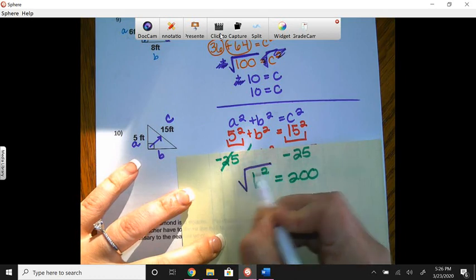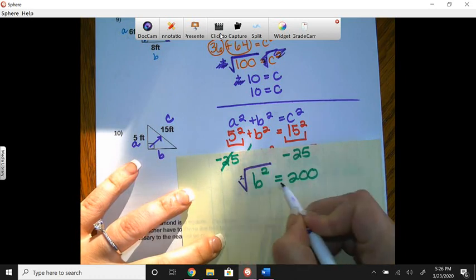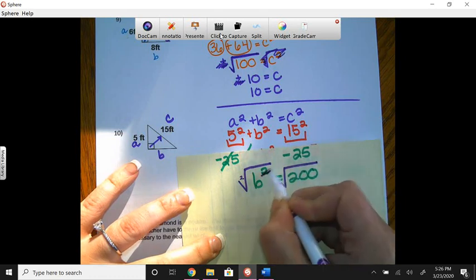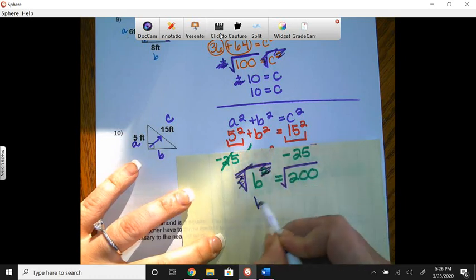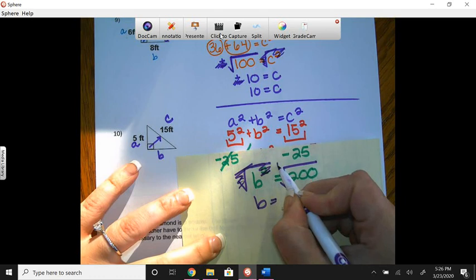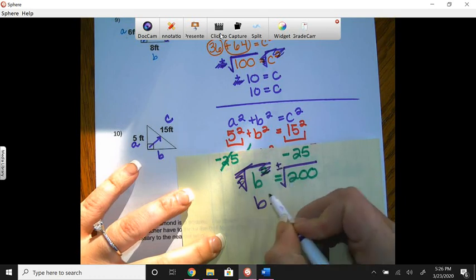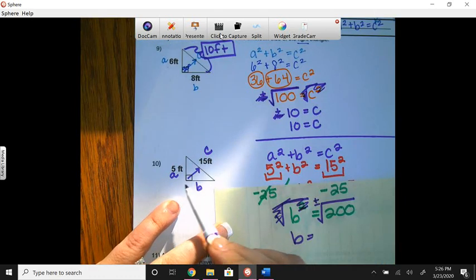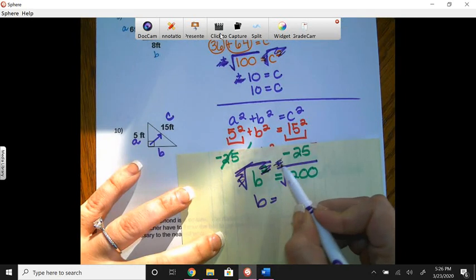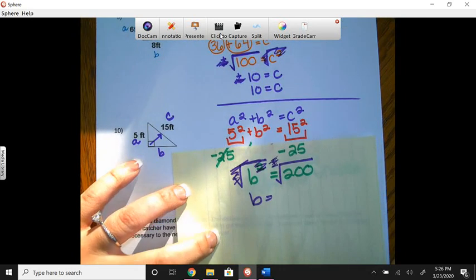Since this is a 2, it's going to be a square root. And then this goes away, so we're just left with b. Again, normally we would write plus or minus, but because b is the side of a triangle, which can't be negative, that is why we don't need to put the plus or minus on this problem.